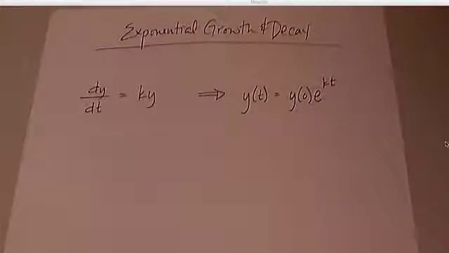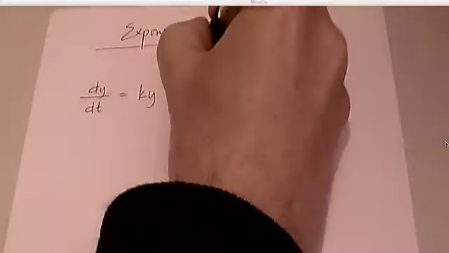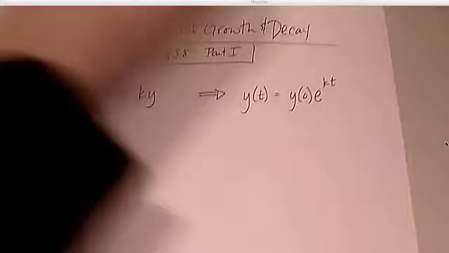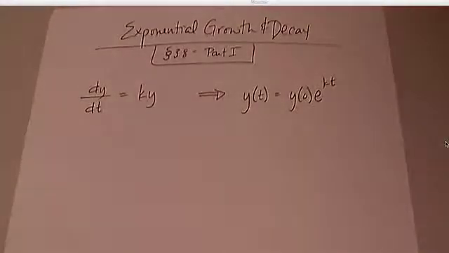This is video 1 on section 3.8 in your book, and after looking at it I'm starting to remember exactly why when I taught this course I would skip 3.8. There's no calculus in it.